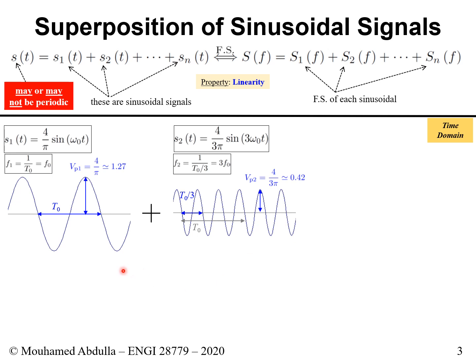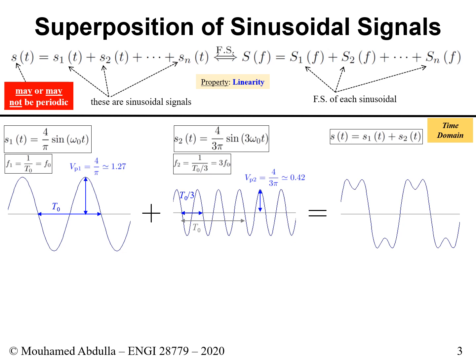Now consider this signal and this signal, and let's add them together. What would you get? You would get something like this, and this is the result that you obtain. You're simply adding this signal and this signal. Now the question is, nice, you were able to add 2 sinusoidals together.